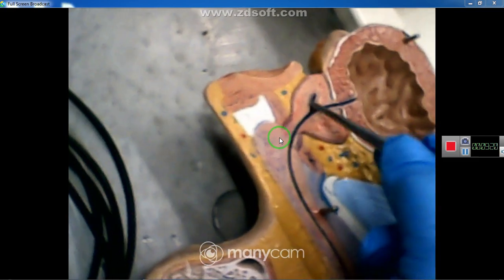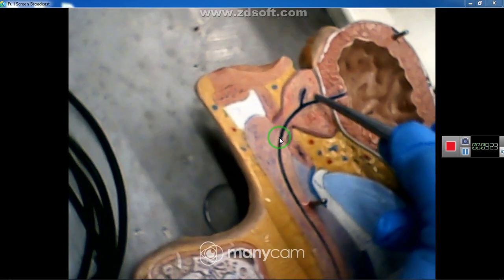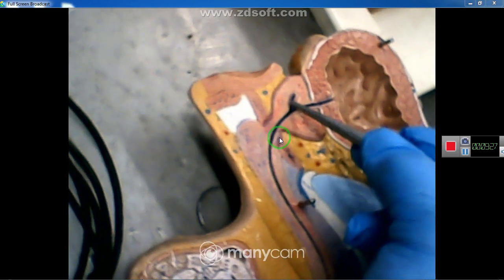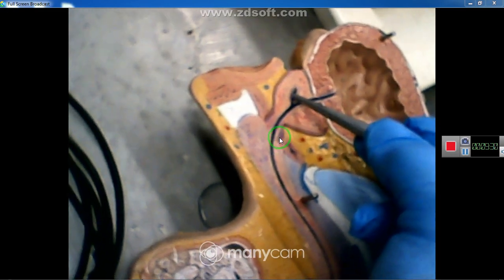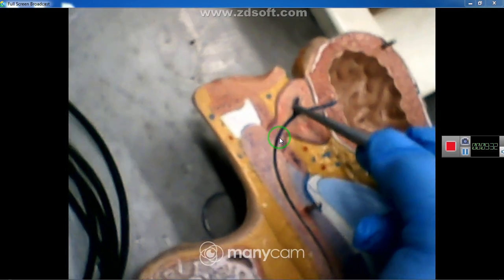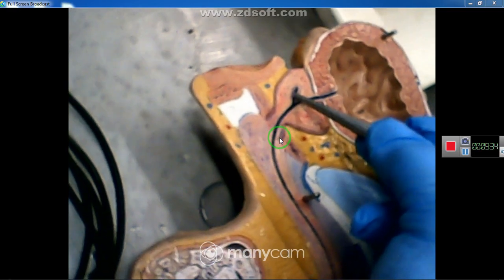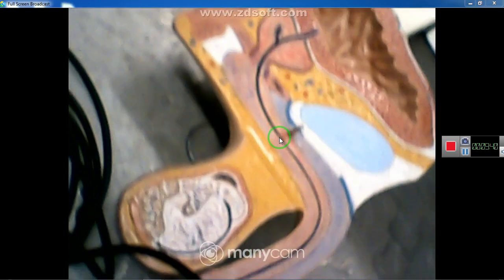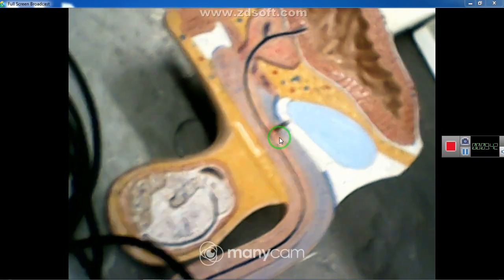On the side of this utricle, you may see the ejaculatory ducts on the right and left side, but actually you cannot see them in this sample because this is a mid-section. So it will not show the ejaculatory ducts on the sides. I would have to remove this utricle in order to see the ejaculatory duct on the side of it. And I will repeat what the ejaculatory duct is.